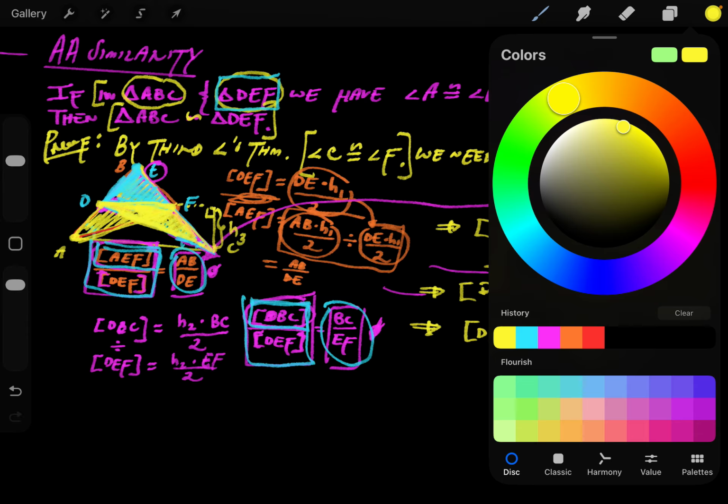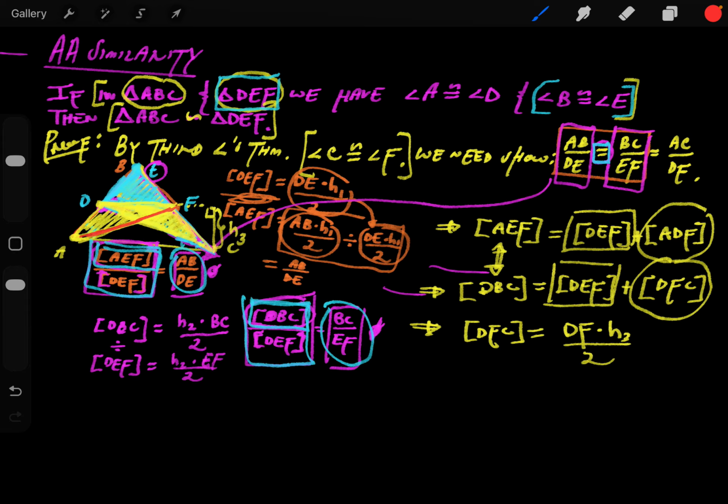But then if you look now very carefully at ADF, where's ADF? If we look at this, again, if we take DF as a base, then this is also H3. And the reason for that is that this line is parallel with this line, and perpendiculars between parallels are congruent.